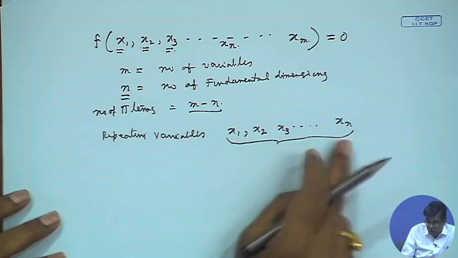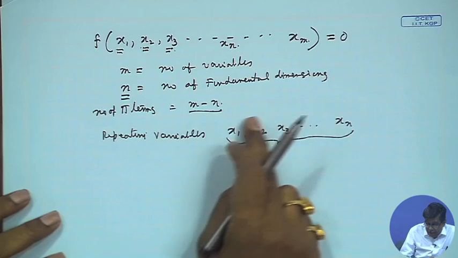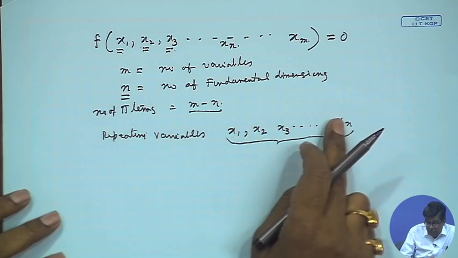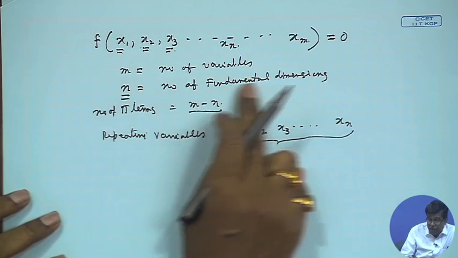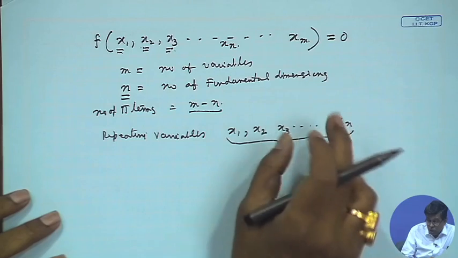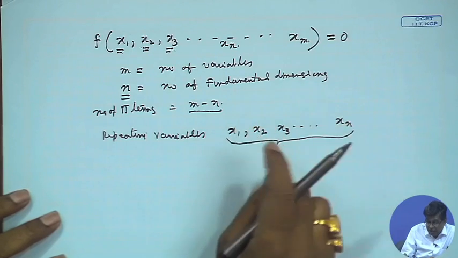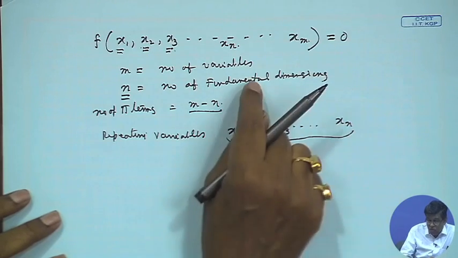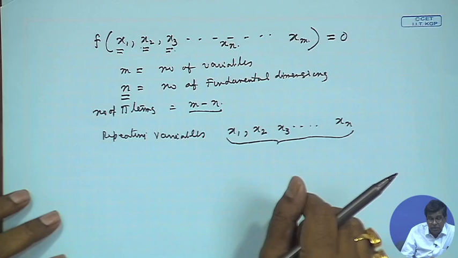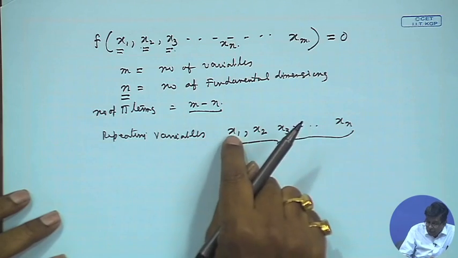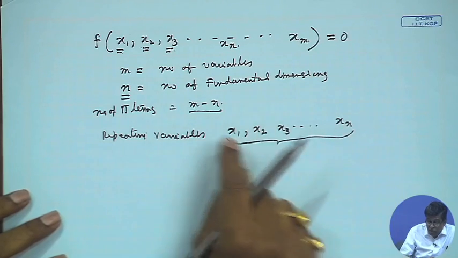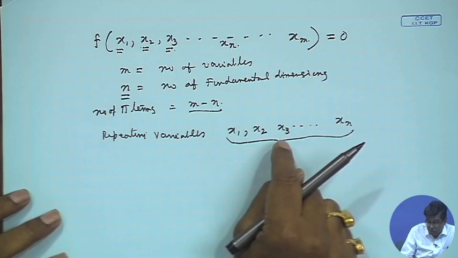Caution number two is that all the variables chosen taken together must have all the fundamental dimensions. We should not choose the variables in such a way that one of the fundamental dimensions is missing from all of them. Inclusive of all variables, all the fundamental dimensions should be there.